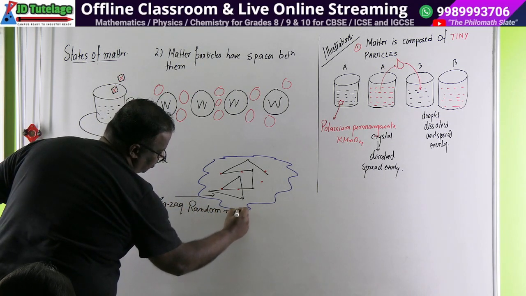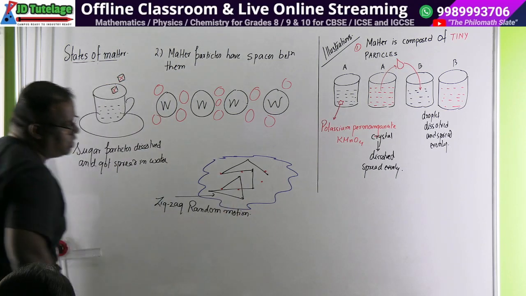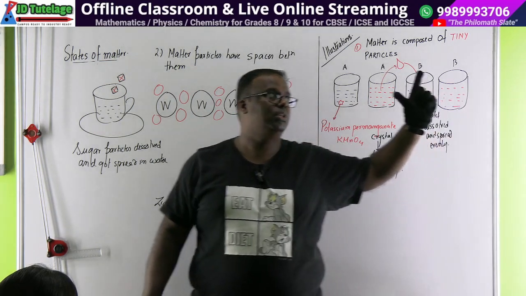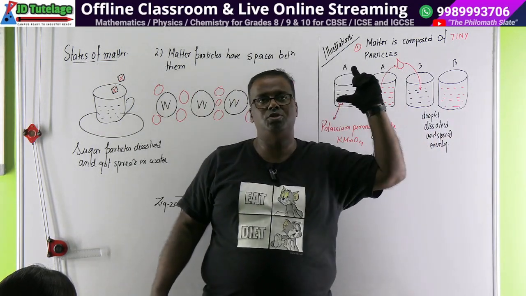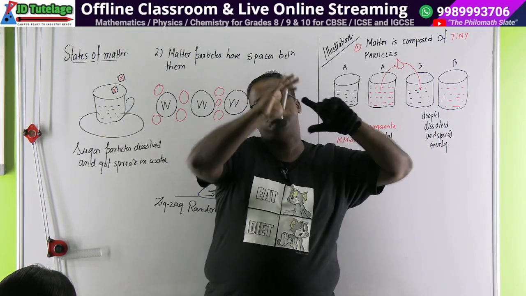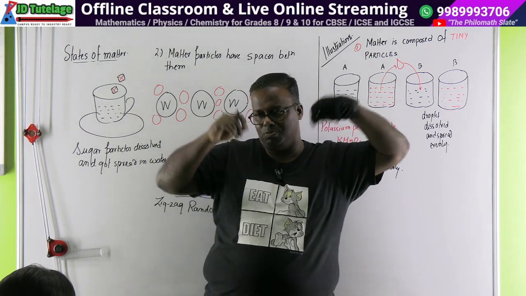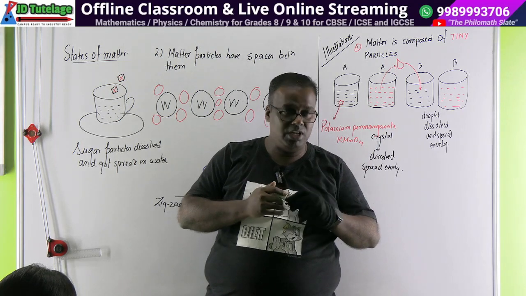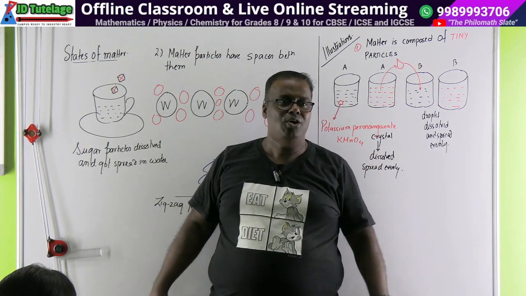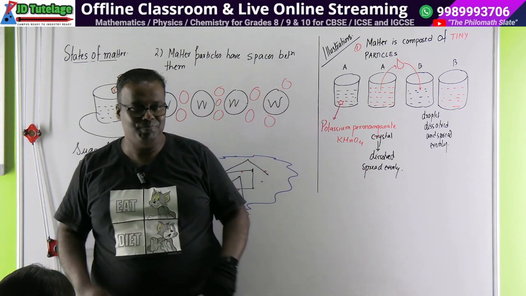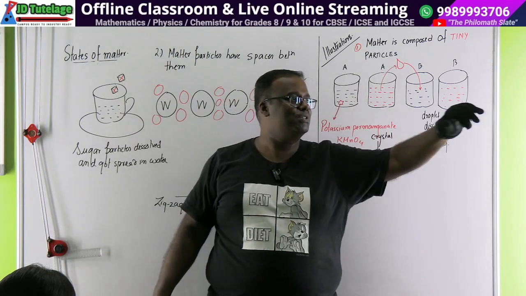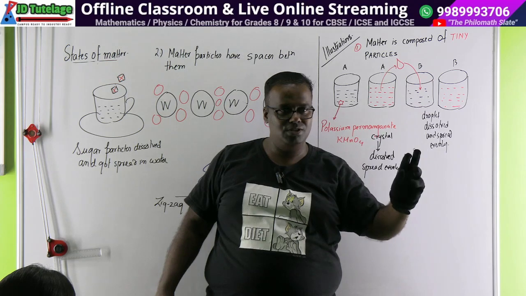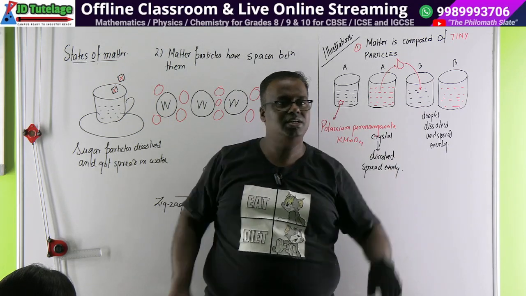If you are unable to relate to this zigzag or random motion, all of you must have gone to a movie theater. Whenever the projector beam is beaming from the projector to the screen, you look at the beam, there will be a lot of dust particles, and they are in random motion. Or say, a very apt example for you all, on a cold morning you all are sleeping and somebody in your room has come and pushed aside the curtain and the first light comes in, so you see some dust particles also. You'll see those dust particles in random motion.